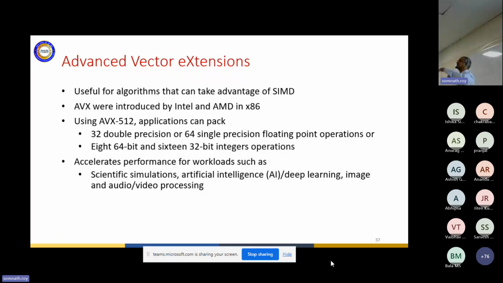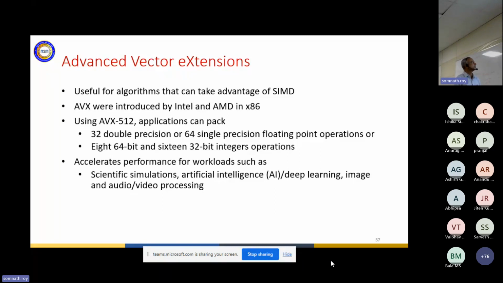The data is varying, but the transformations are the same. It's like a pipeline through which the data is processed. So the instructions are agnostic to data. Whatever data comes, I could have one instruction operating on one data. But if the same instruction keeps going, I will show in the next slide.